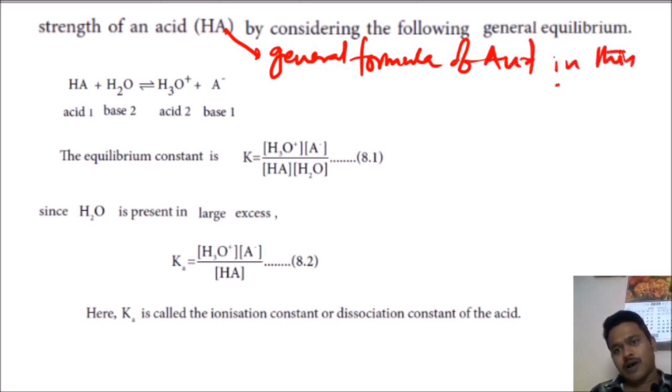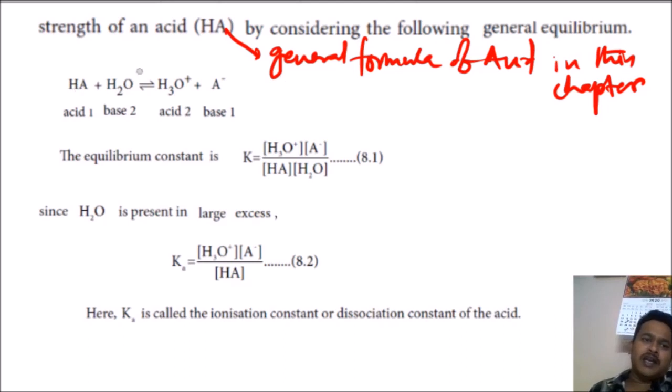Considering the following general equilibrium, HA in the presence of water loses H plus. Who is taking it? Water, having two lone pairs of electrons, can donate electrons to this H plus and make a bond, so H3O plus forms and A minus remains.